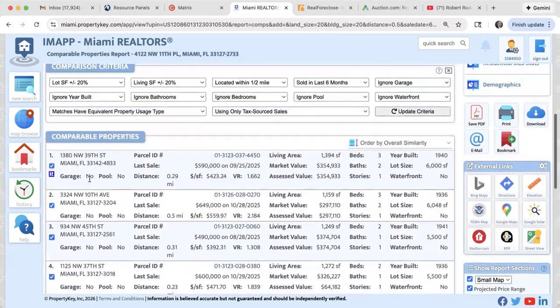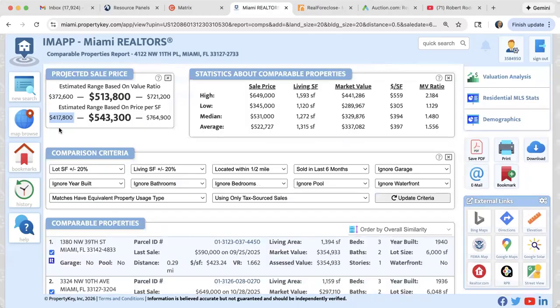Okay, we're done. We're looking at a high of 764. We're looking at a low of 417, and we're looking at an average of 543. Guys, in today's market, the median price for a single family home in Miami-Dade County is upwards of $650,000.